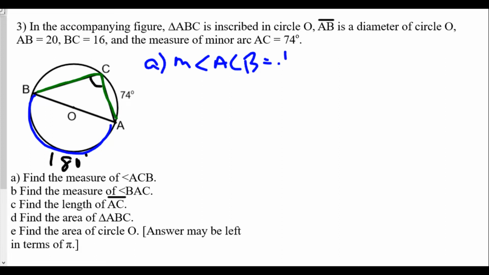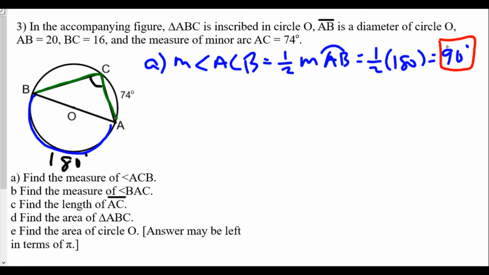Everything is about the arc intercepted, and here the arc intercepted is arc AB. So we take 1/2 of 180 and we get 90 degrees. Box that answer. So that's 90.